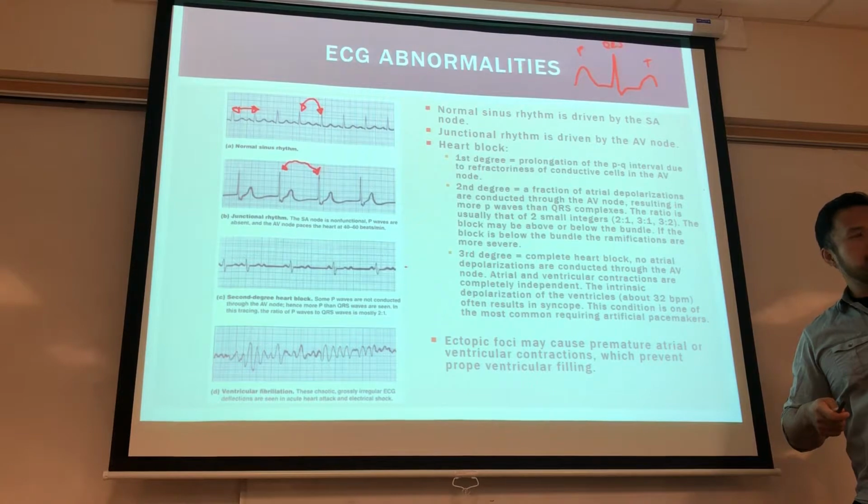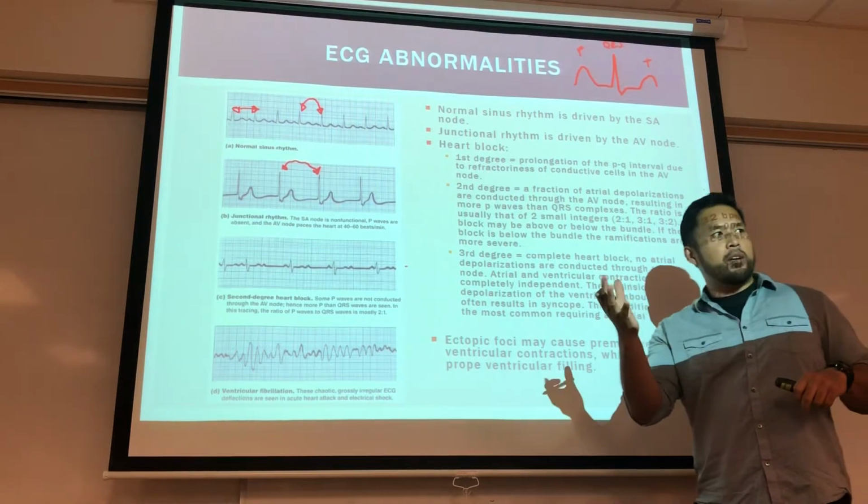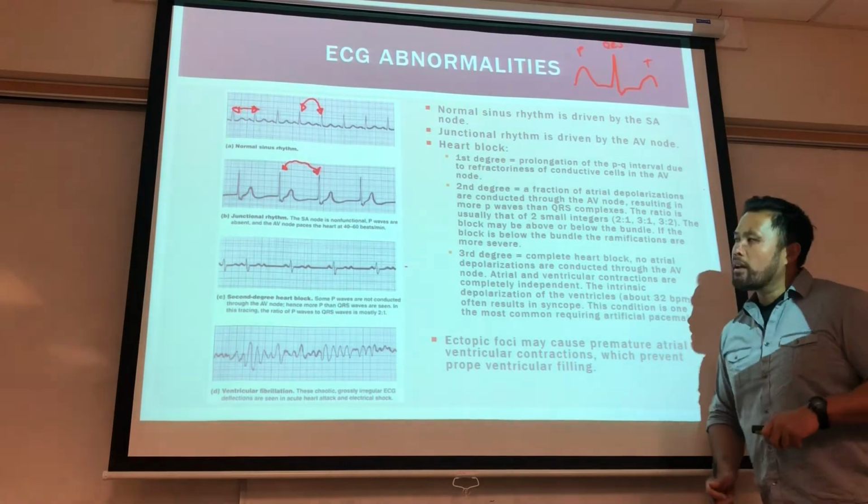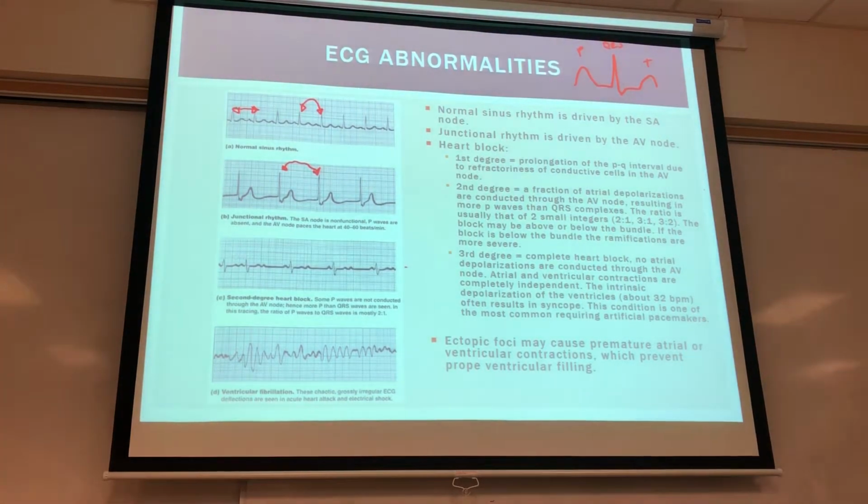Every time it beats, it should trigger the AV node to fire, which is going to result in ventricular depolarization. Here in the second degree block, there's a block at some point going from SA node to AV node to the ventricles, and it is preventing the SA node firing from meeting the AV node.